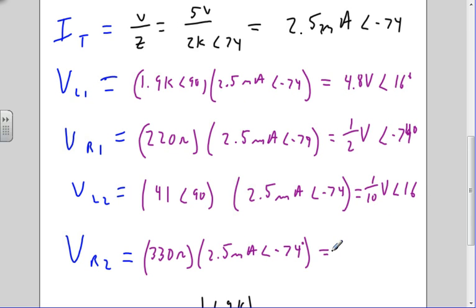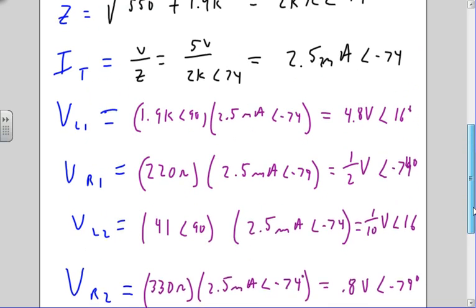All right, 330 times 0.0025. Change to a fraction. 33/40ths. Oh, that's pretty stupid. 0.8 volts, angle minus 74 degrees. Okay, good enough.